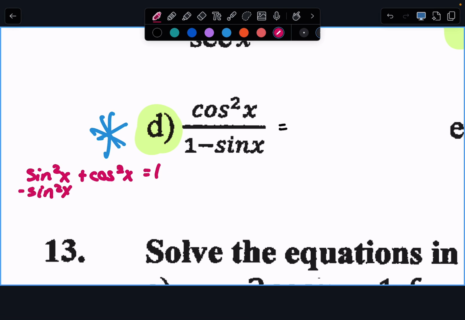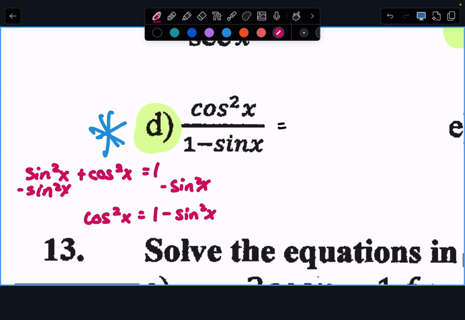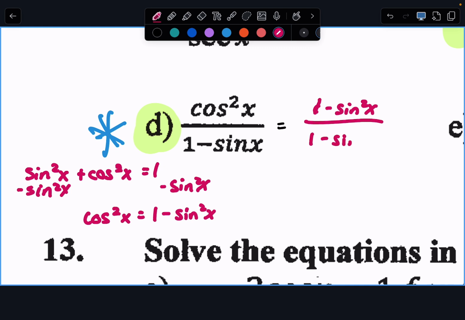So I got 1 minus sine squared x, over 1 minus sine x. And you want to use that word that I don't like, which is illegal right here, by the way. Okay? You are not going to cancel anything.